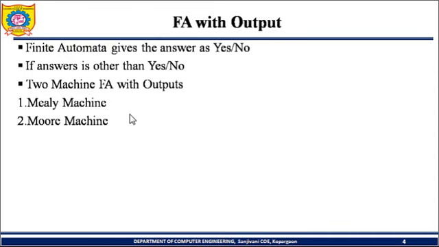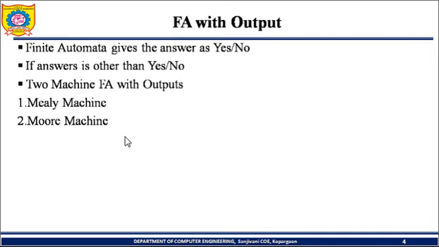Now here, FA with output. We know that a finite automata always gives the answer in the form of yes or no. If you consider any example, and we give the input as a string, after accepting the given string, if it reaches the final state of the finite automata, then we say that the string is accepted by the finite automata.